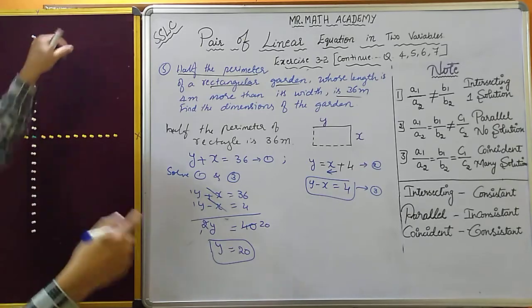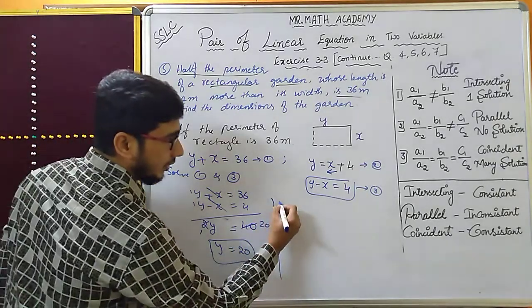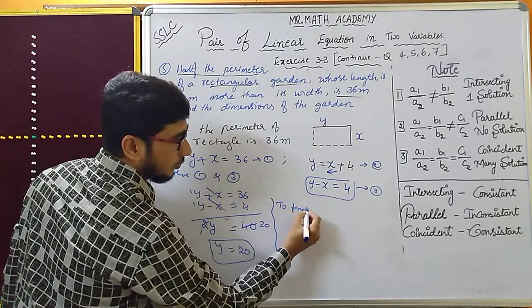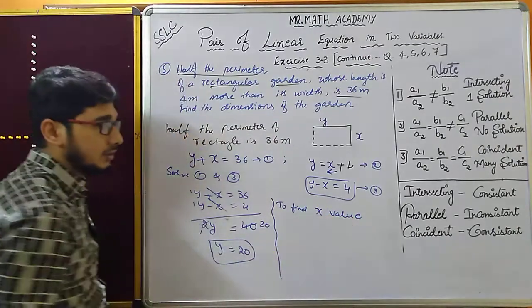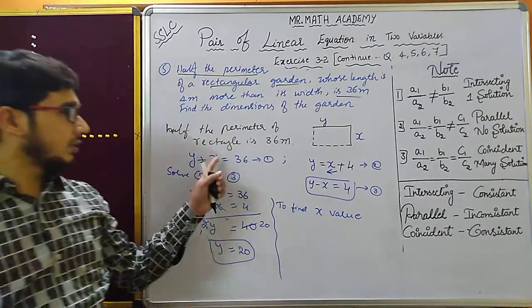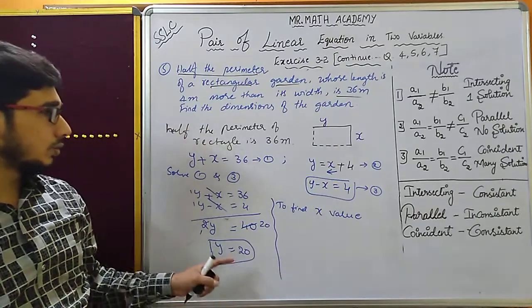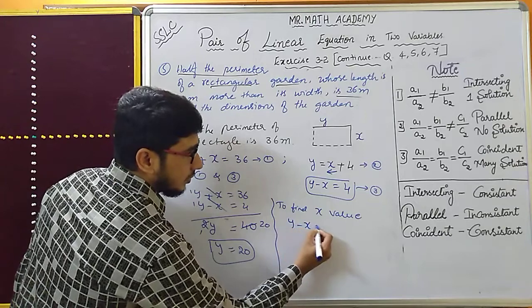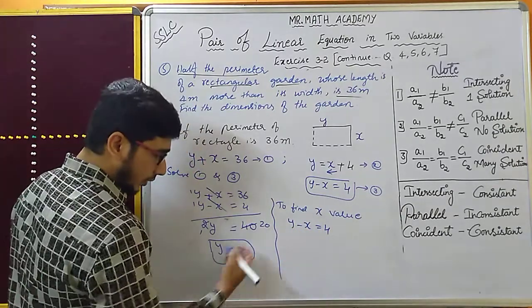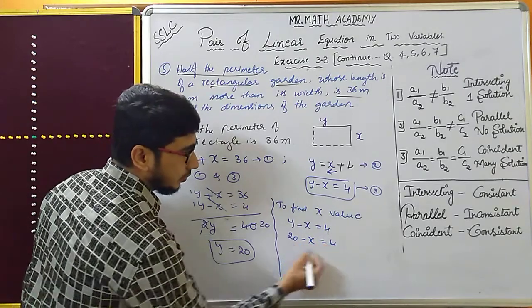To find the x value, that is the breadth, you can take any equation. Easy one, I will take this one: y minus x is equal to 4. y is 20, so 20 minus x is equal to 4.